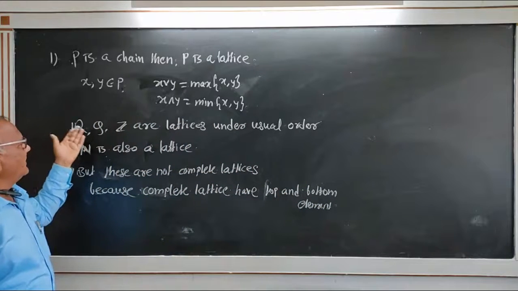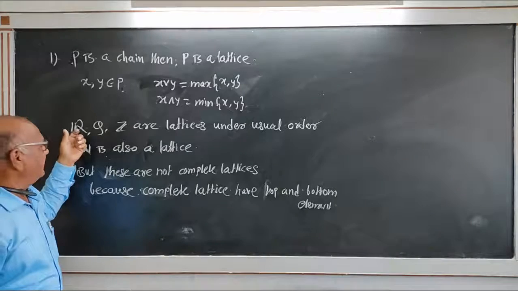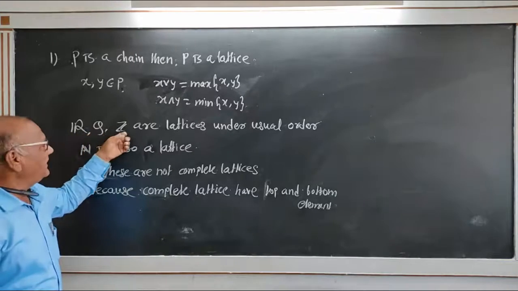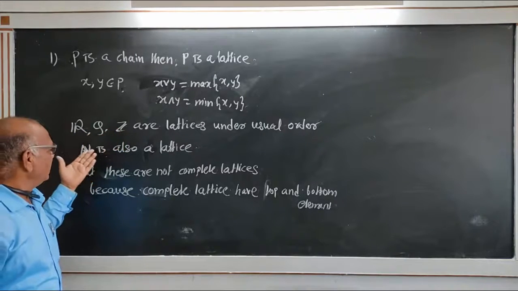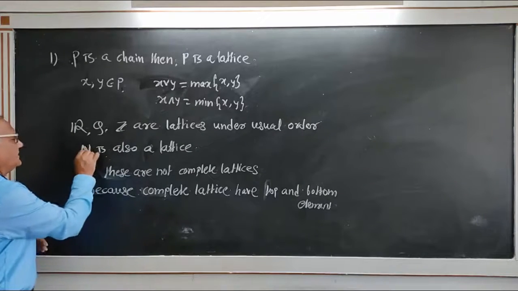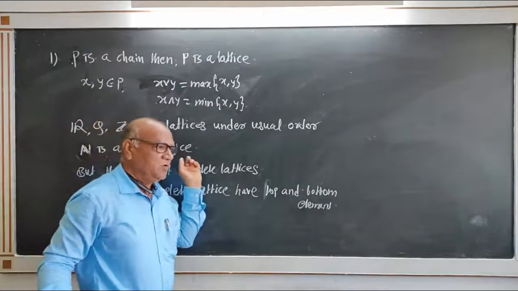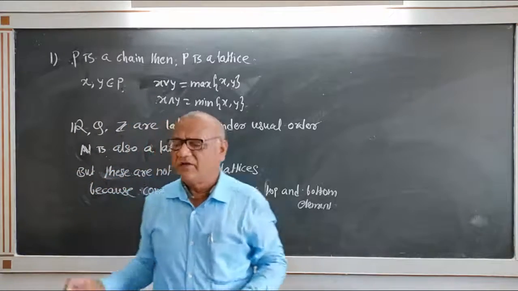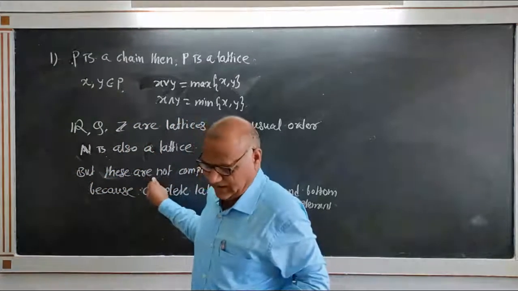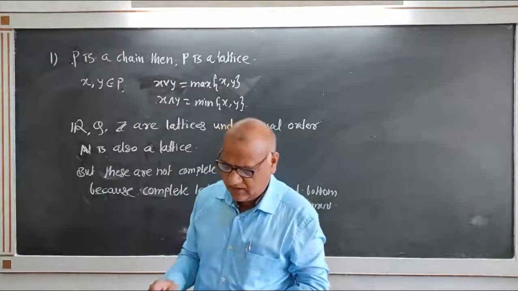Here R has no top element, also Q has no top element, Z also has no top element, and N, the set of natural numbers, also has no top element. So these are not complete lattices.